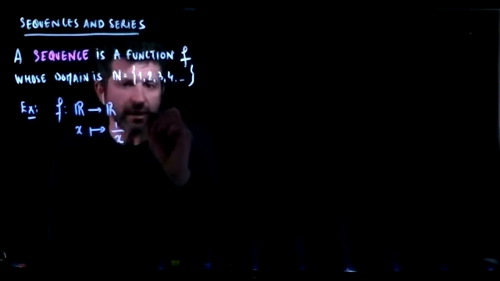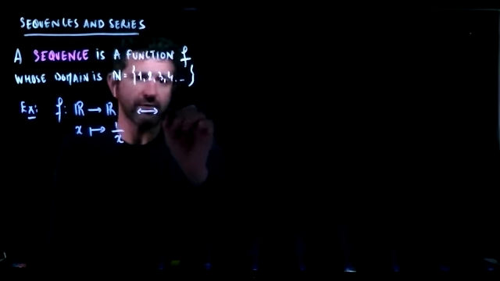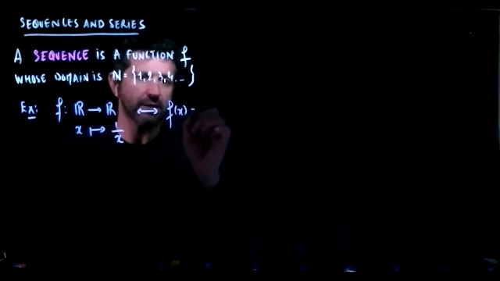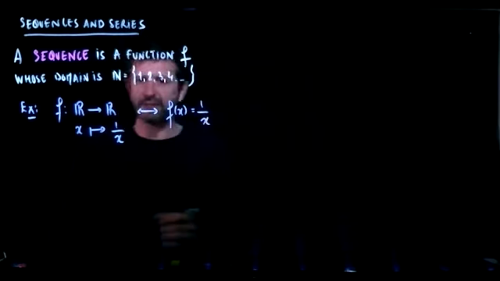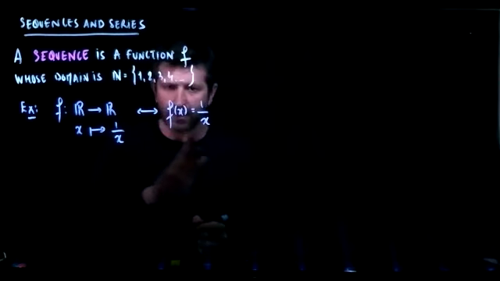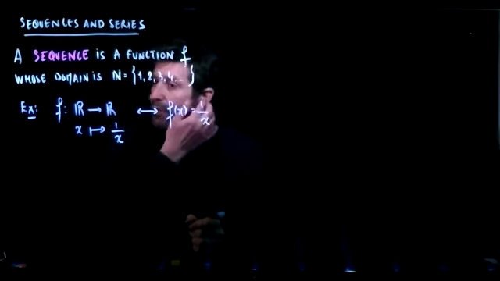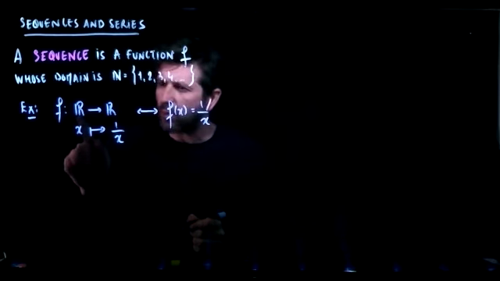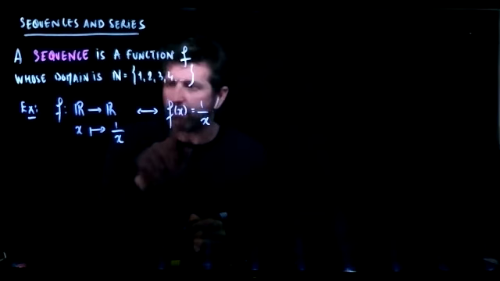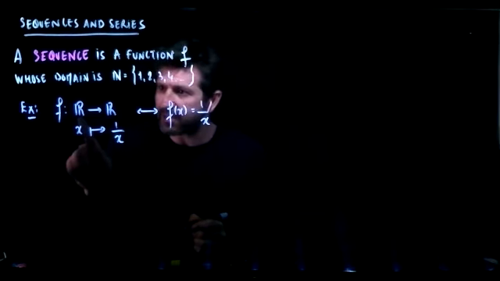This is the same thing as writing what we've learned all our lives, F of X is equal to 1 over X. Except that when we write it this way, I'm also specifying where the X comes from. And here I'm specifying that the X is a real number.